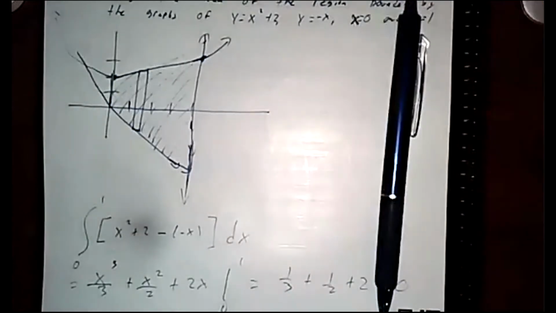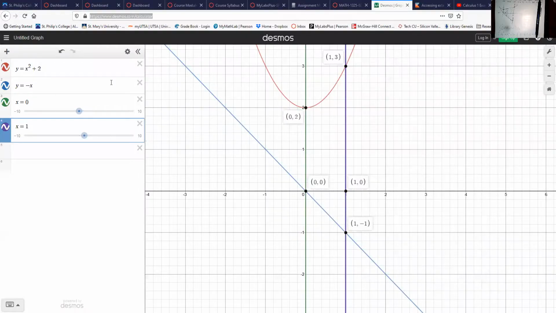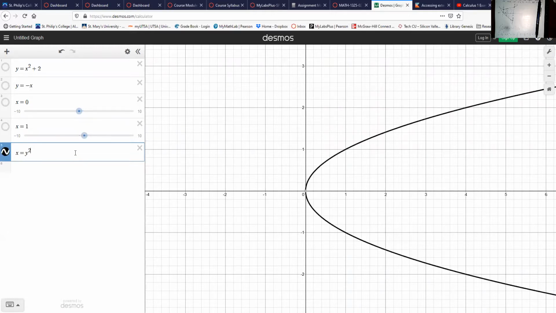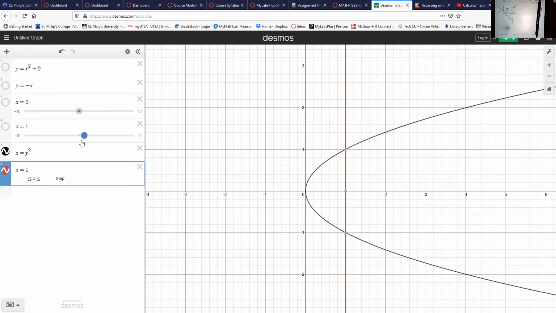I'm trying to think of an example here. I don't know, let's say we had, just because I'm being lazy, making up this question.